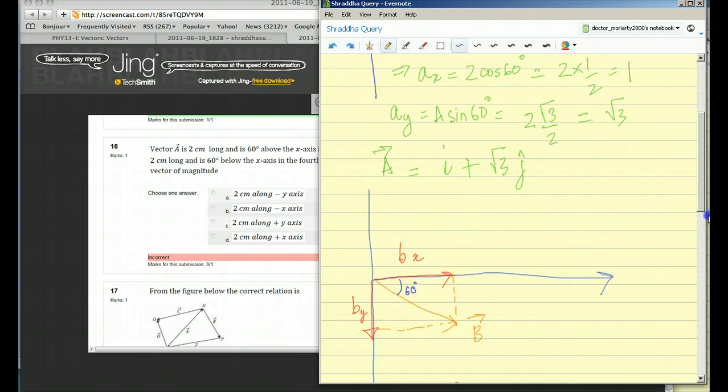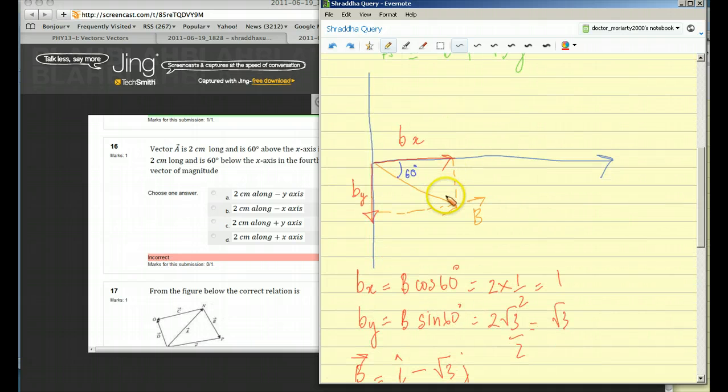Okay. Let's do the same thing for vector B. Vector B points 60 degrees below the x-axis, as you can see here. Again, we resolve it into its x component Bx and By, which is the y component. Bx is going to be given by B cos 60 again. Look at this right angle triangle. This is B, this is 60, so this is B cos 60, which is 2 into 1 by 2, that equals 1.